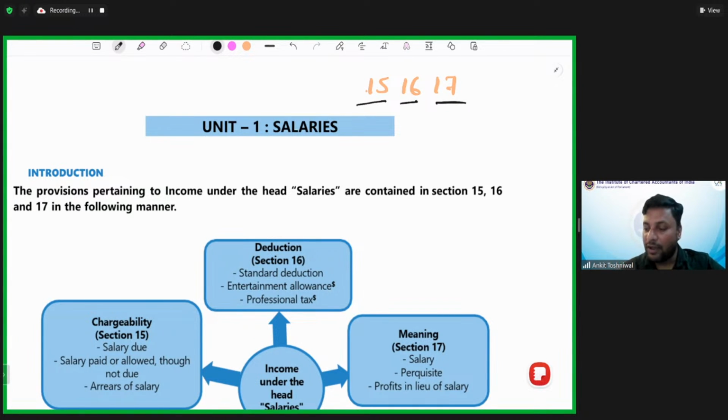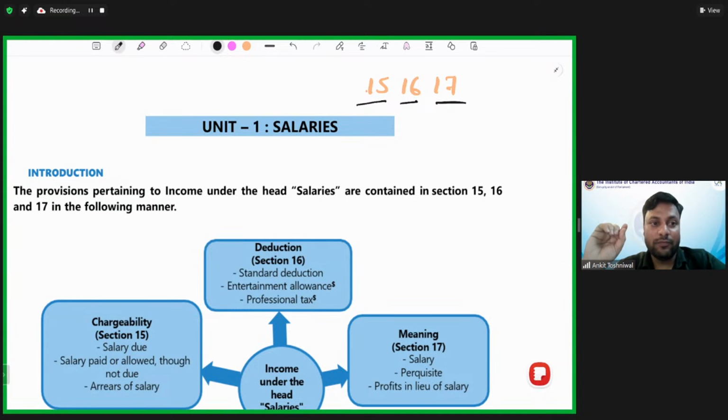In the capacity of employer means he should make the payment as if he is the employer. For example, Mr. X is the employer of Mr. A, and he is giving his salary as an employer. So that income is taxable under salary.